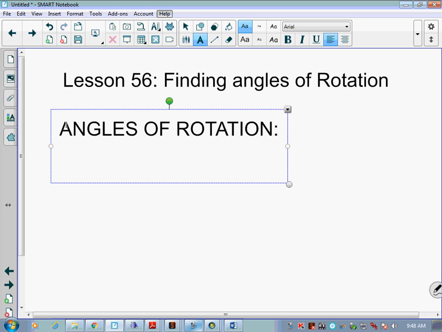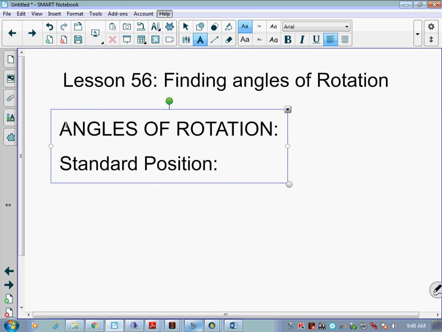The first thing it's going to mention is standard position. Can you tell me what standard position is? An angle is said to be in standard position when its vertex is at the origin and one ray is on the positive x-axis.